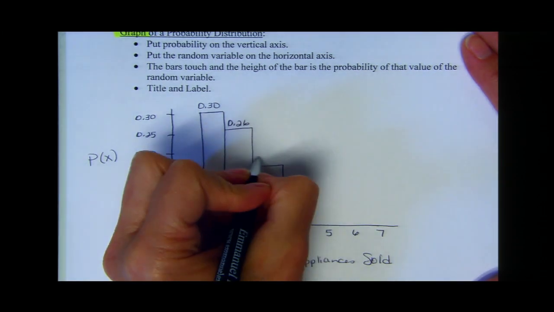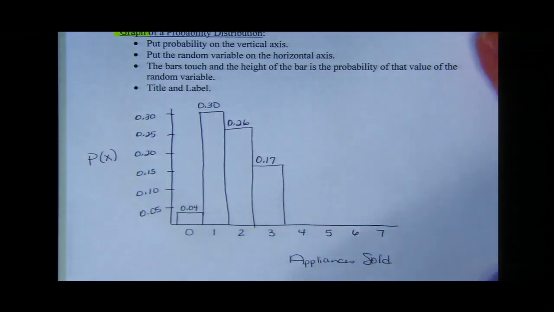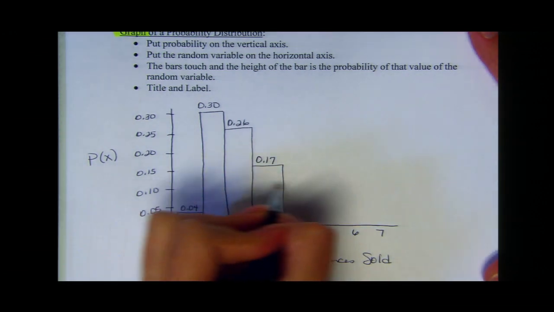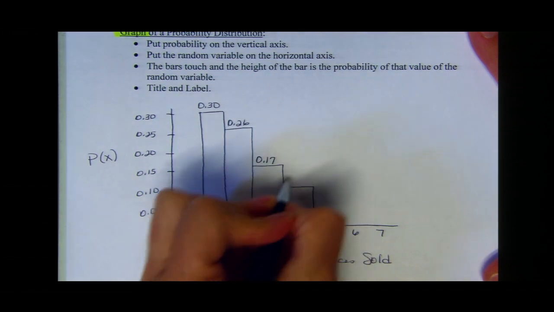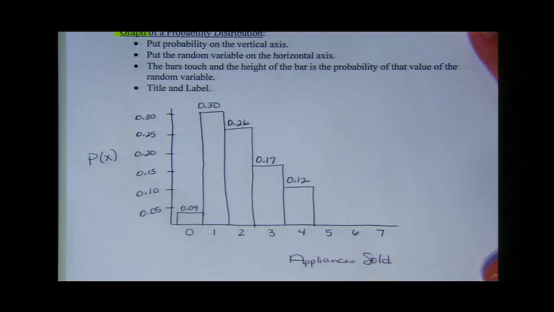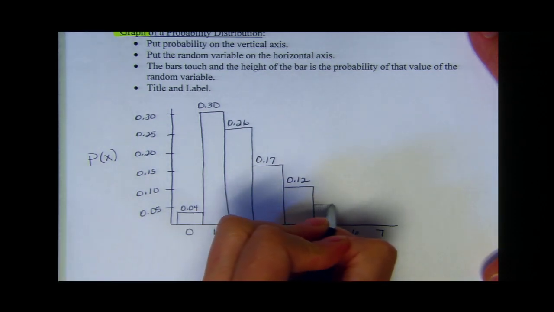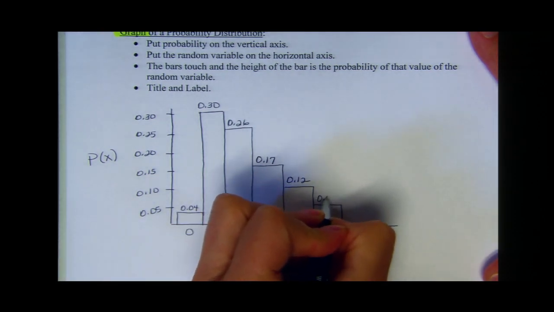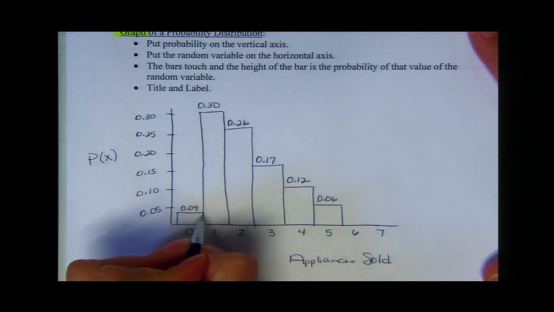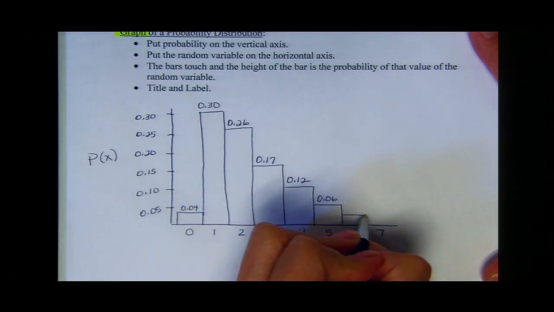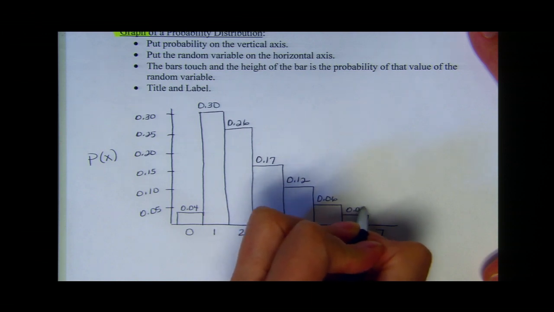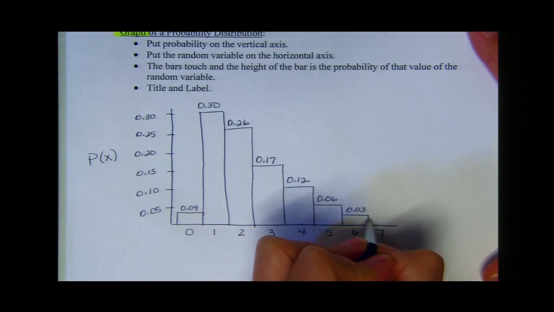And that's why I put the number on top of the bar, because we don't have graph paper. I might be a little off, but people will know what I'm trying to graph. 0.12. 0.06. 0.03. And 0.02.